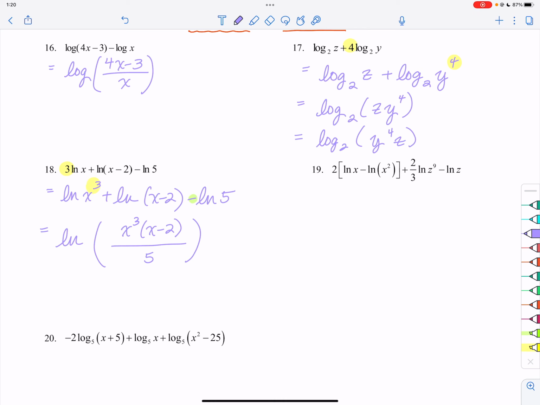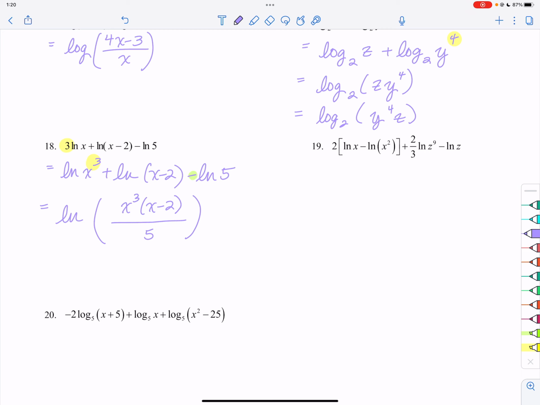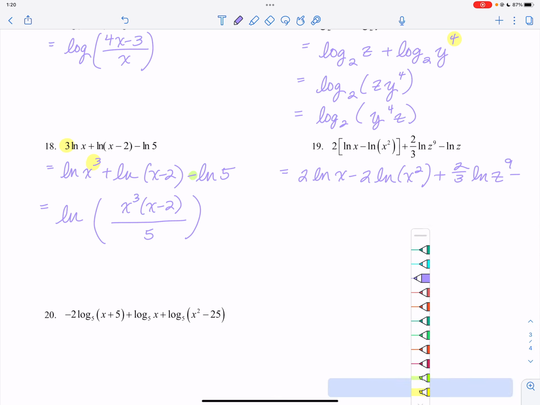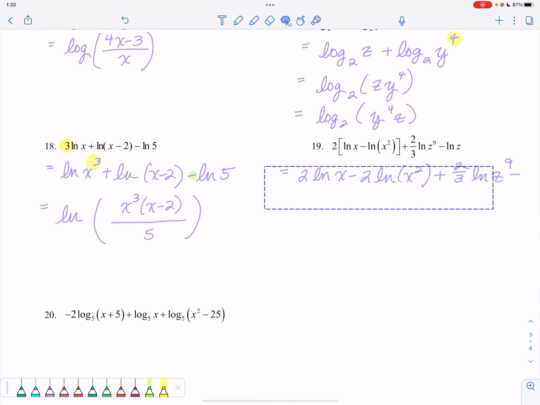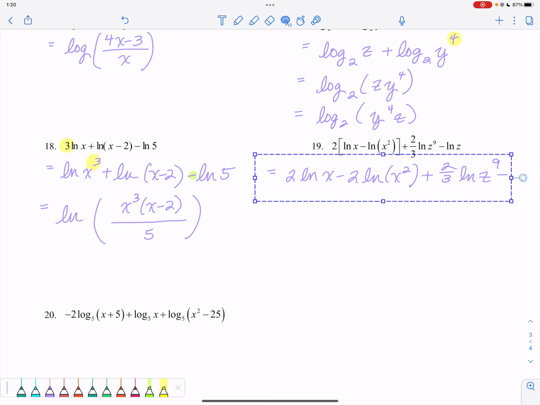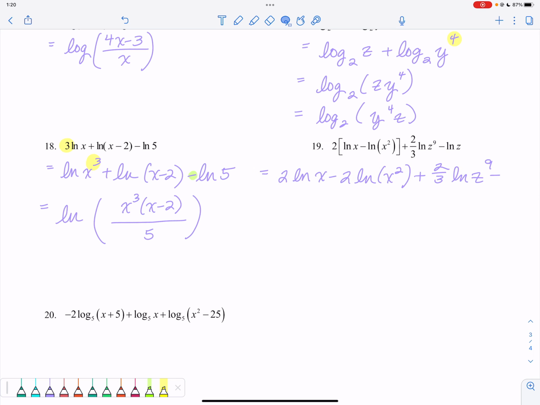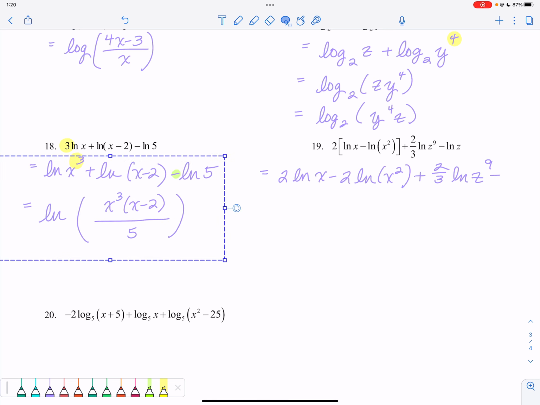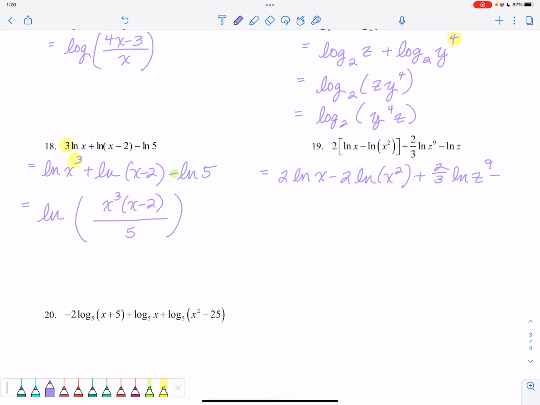Okay. Looking at number 19, we need to distribute the 2 first. So we have 2 natural log of x minus 2 ln of x squared plus 2/3 ln of z to the 9th minus ln of z.